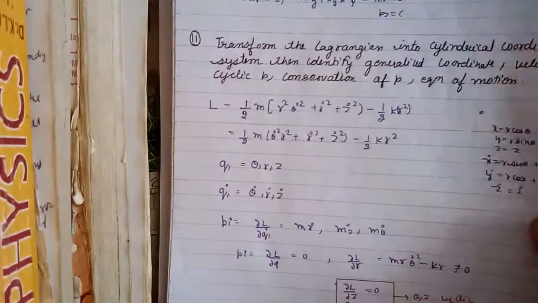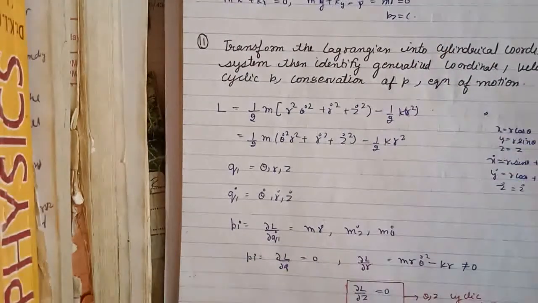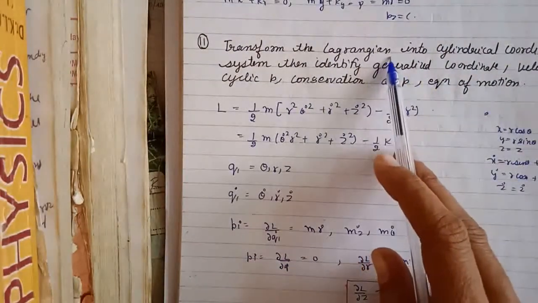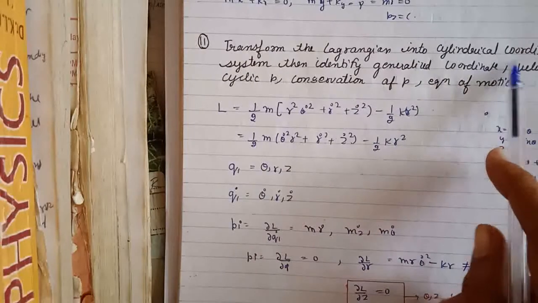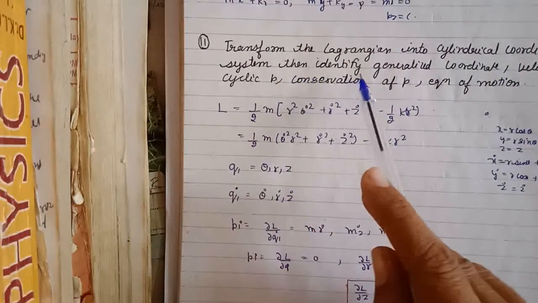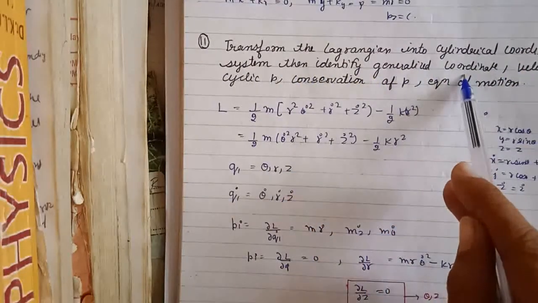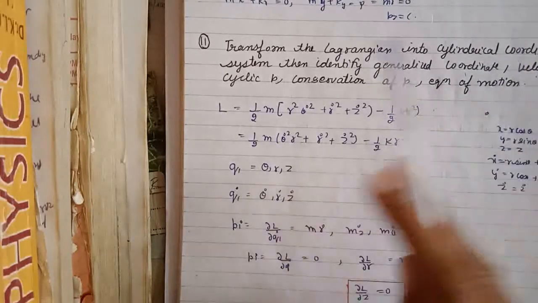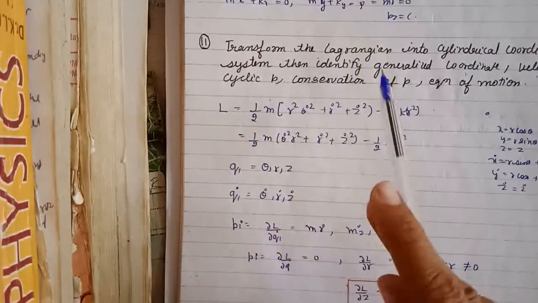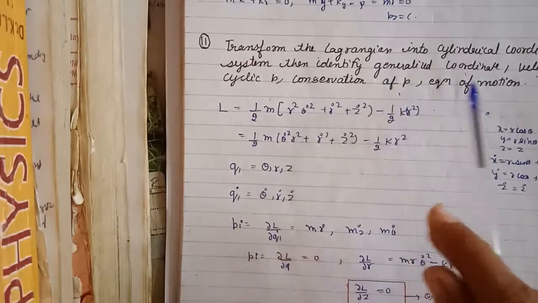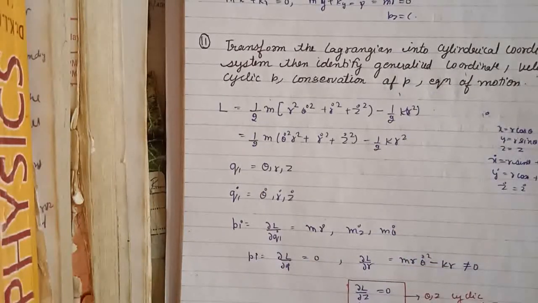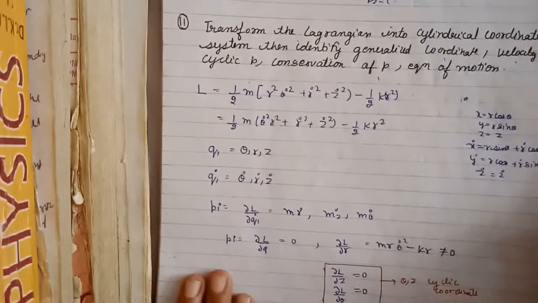Okay, next question. Transform the Lagrangian into the cylindrical coordinate system, then identify the generalized coordinates, velocity, cyclic coordinate, conservation of momentum and equation of motion. Let's see what is given to us.